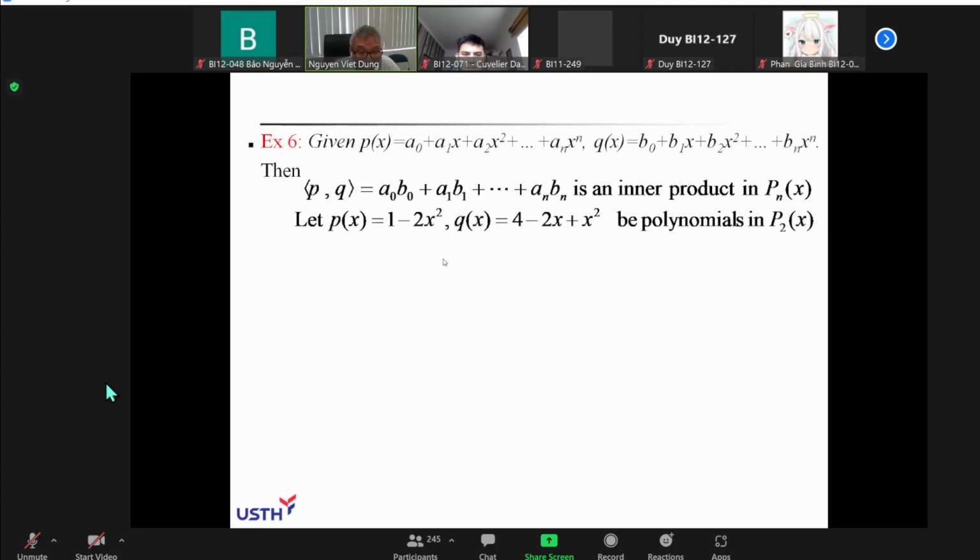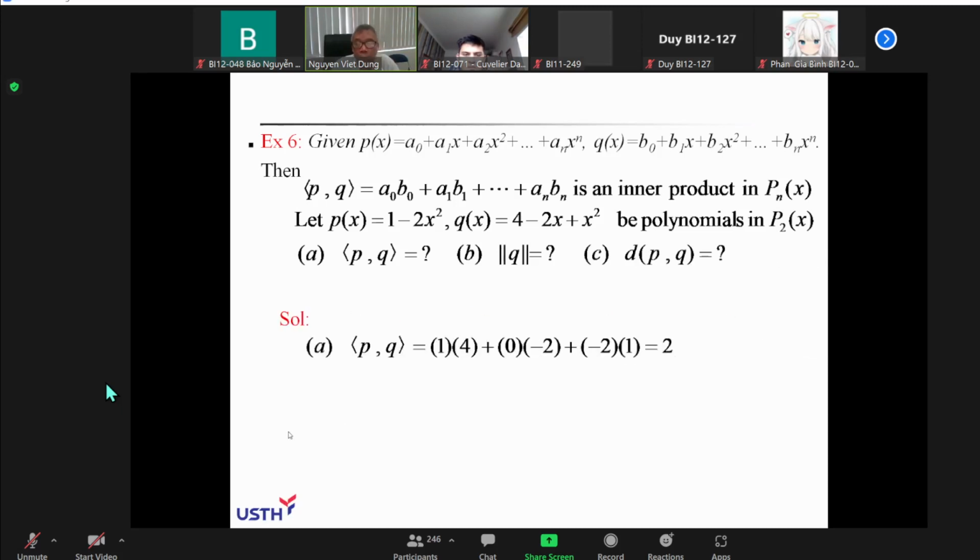Now, if you consider P and Q like that in the space P2(x), that is the space of polynomials of degree less than or equal to 2, then you are required to find the inner product of P and Q, the norm of Q, and the distance between P and Q. Then just some very simple calculation.